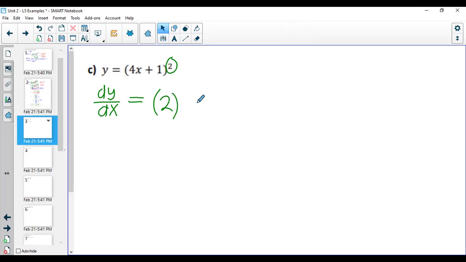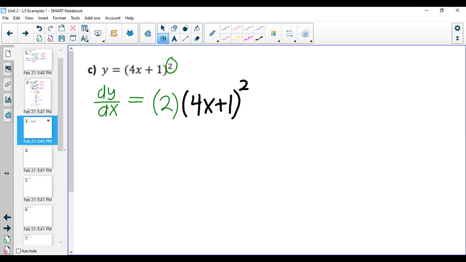I have to take my 4x plus 1 to the power of 2. And I want to make sure to subtract 1 from that. And then I want to take the derivative of my inside, which is equal to 4.